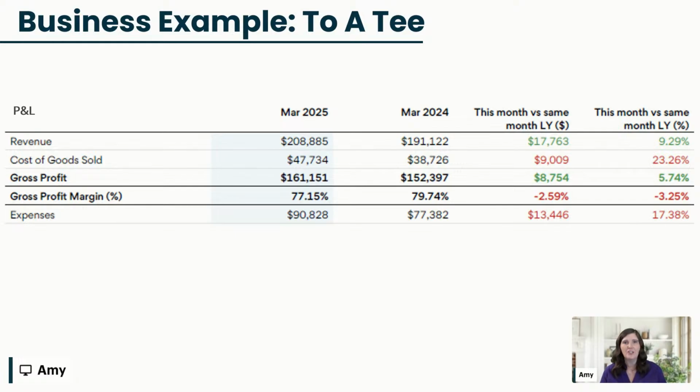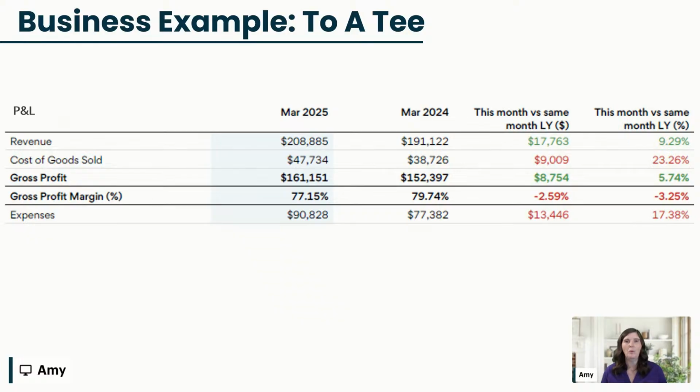So this year, in March of 2025, we paid $91,000 of expenses versus last year's $77,000. So this year we paid $13,000 more in expenses versus last year, or 17% more. So it's interesting.